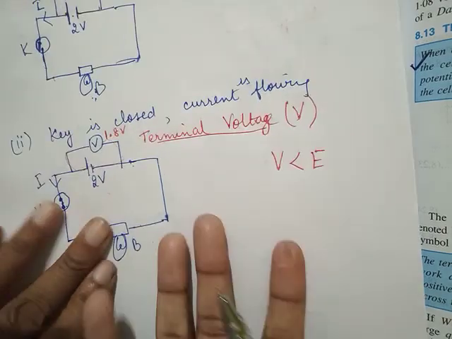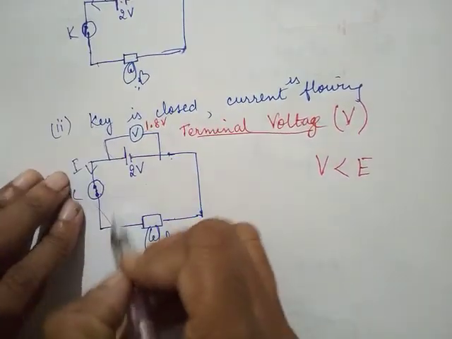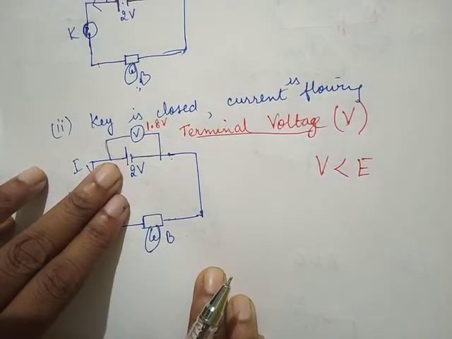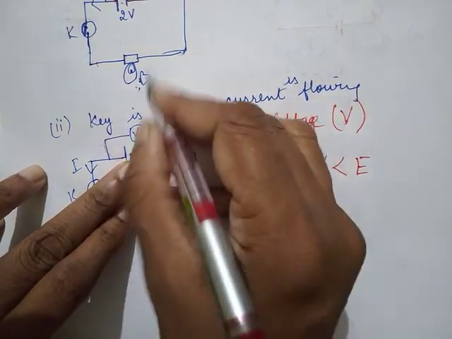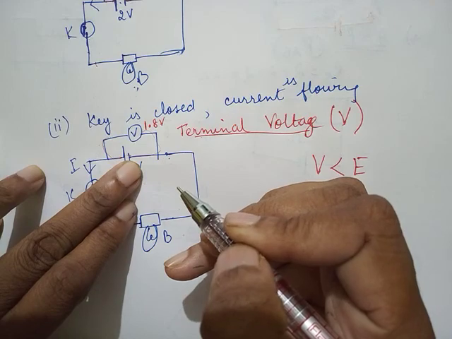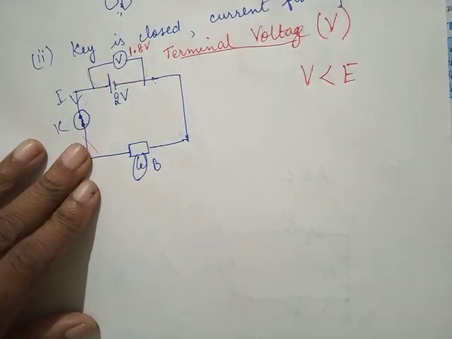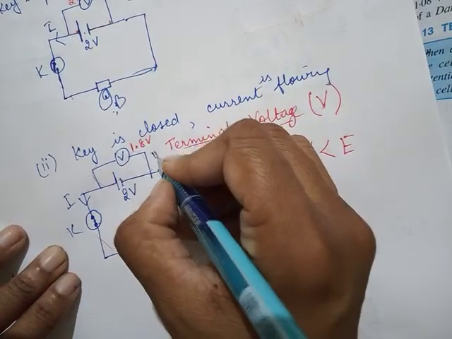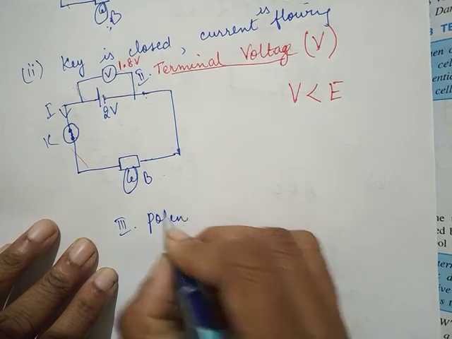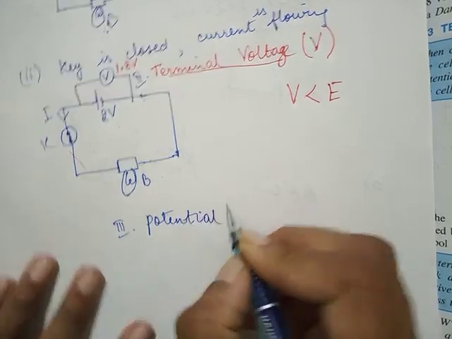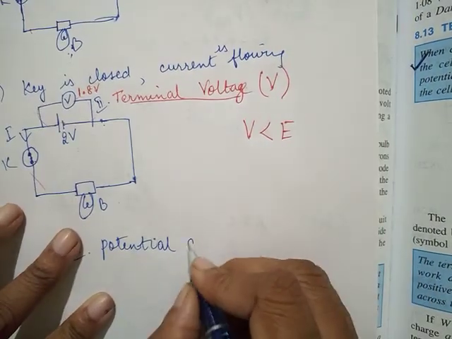Now, what has happened? While the current is flowing, why is it only showing 1.8 volt? It is not giving 2 volt, it is only giving 1.8 volt. Where did this 0.2 volt go? That is called potential drop. So the first term is EMF, the second term is terminal voltage, and the third term is called potential drop. The potential has dropped or reduced.